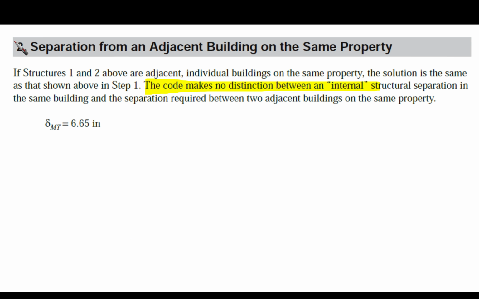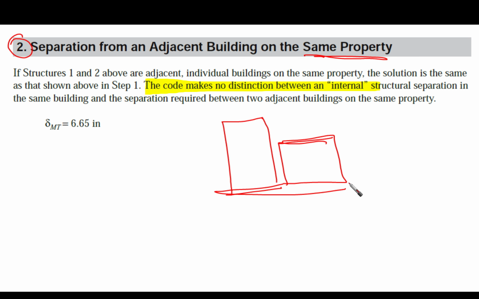The next is the separation from an adjacent building on the same property. The code does not make any difference whether the 2 parts of the structures are within the same property or on different properties.